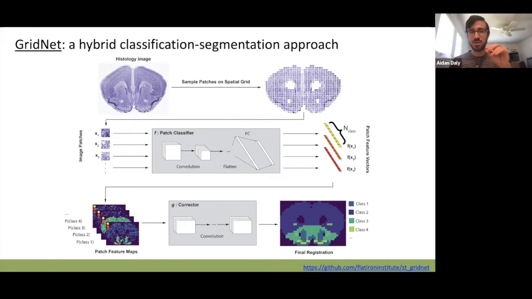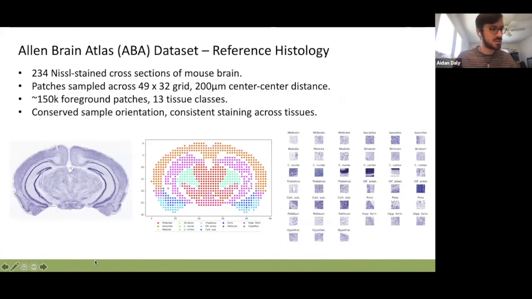It pulls information from neighboring pixels to update the belief in the assignment of a certain pixel of interest. And finally, we get an output map. So the idea is that we have the patch classifier that looks at subcellular scale and the corrector that looks at a global scale. So we tested this on two data sets.